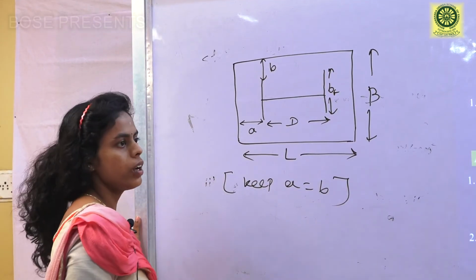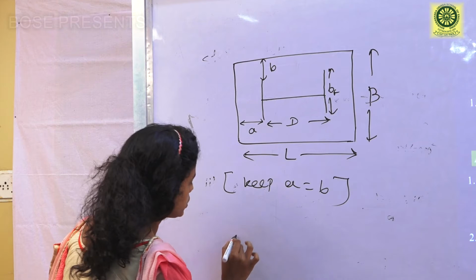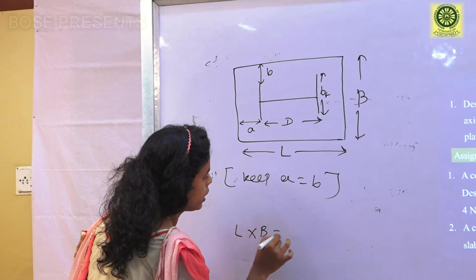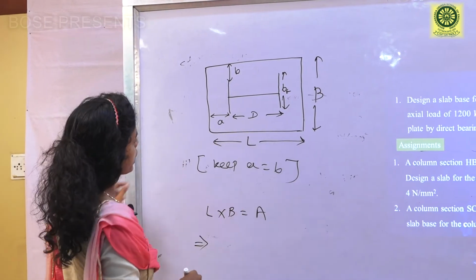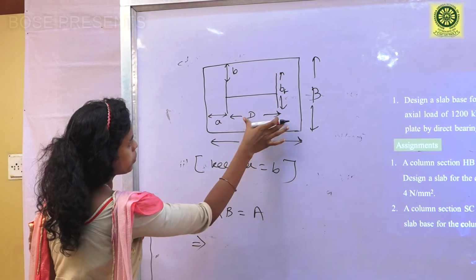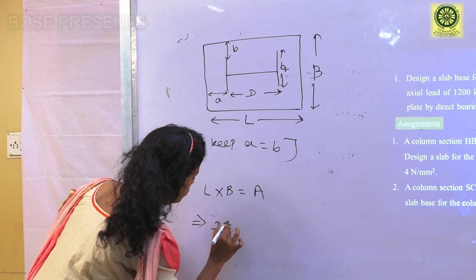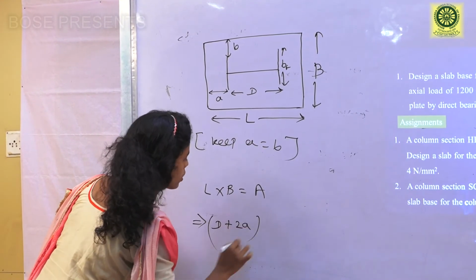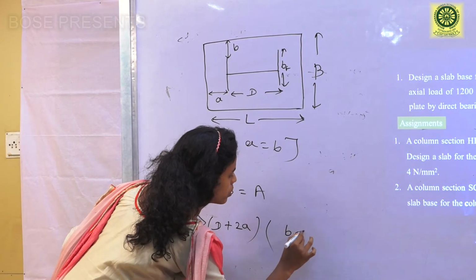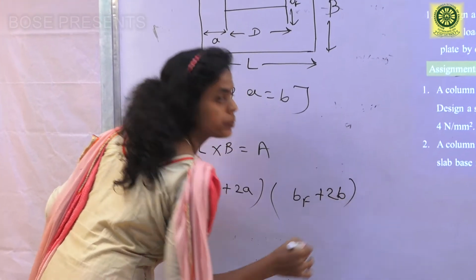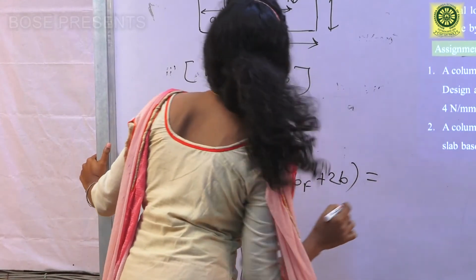So we already calculated the area. Area is equal to L into B. Here L can be written as D plus 2 times A, and B can be written as bf plus 2 times B, and that is equal to area.